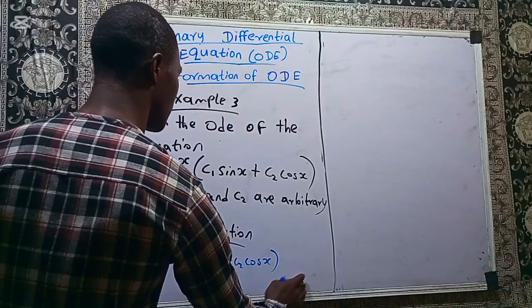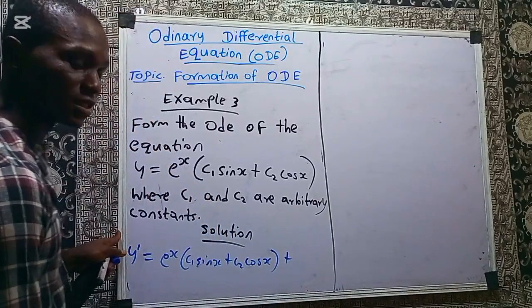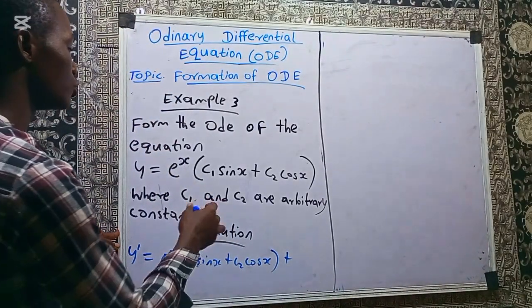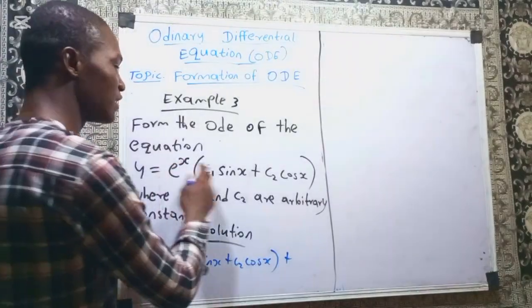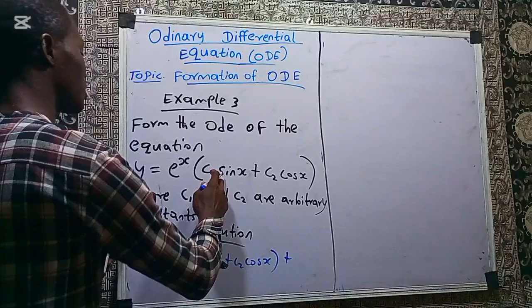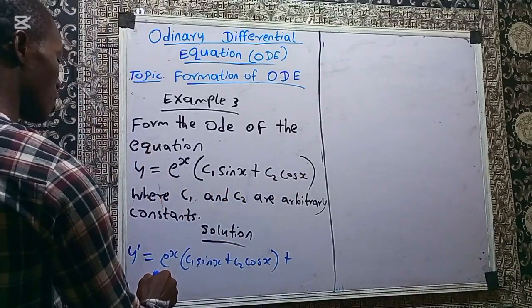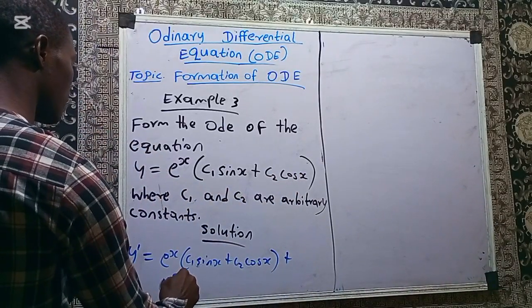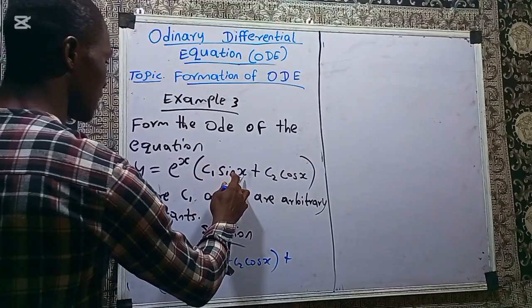What do you do next? You put plus. Then you hold the exponential and differentiate what you have inside the bracket. So I'm holding my e^x and differentiating what is inside the bracket.